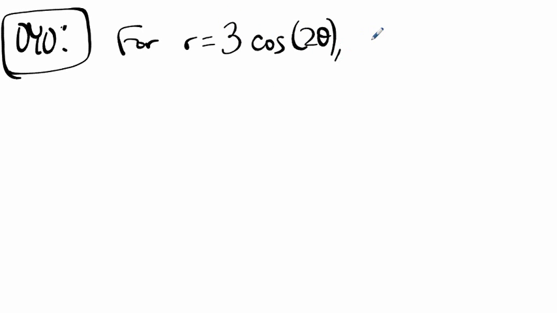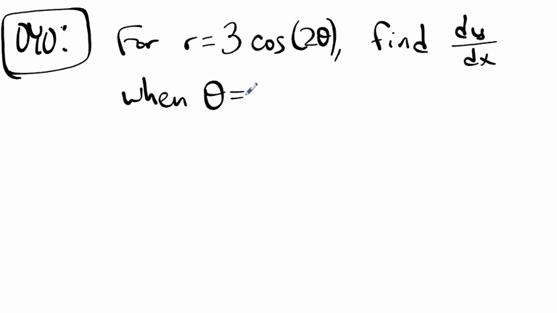And I'm going to give you an opportunity to practice that. For r equals 3 cosine of 2 theta, find dy dx when theta is, I don't know, pi over 3.